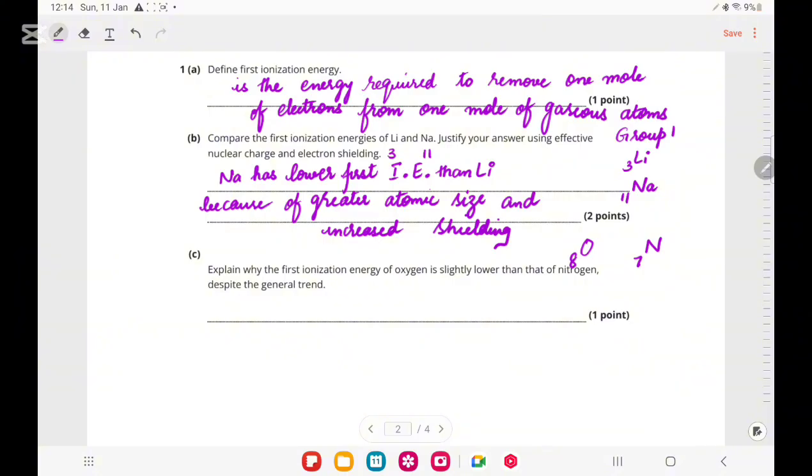What is the reason? The electronic configuration of oxygen is 1s2, 2s2, 2p4, and nitrogen is 1s2, 2s2, 2p3.